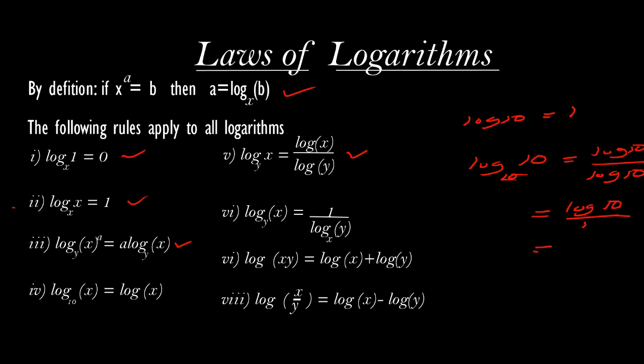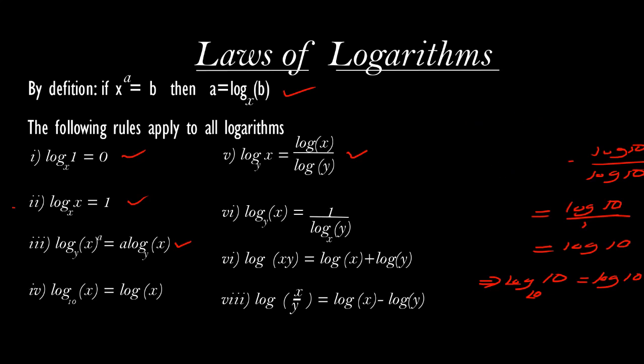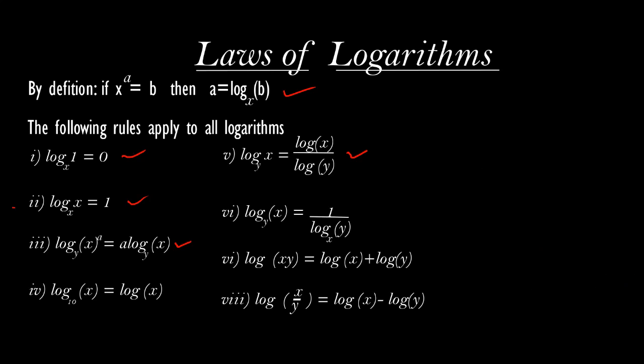So that log 10 in the denominator, if we put it to be 1, we will remain with log 10 over 1, which is just log 10. So log 10 to base 10 is just log 10. So when the base is silent, it is to base 10. So if you are given in Roman number 4 log x to base 10, that is simply log x. Base 10 is always silent, a very important rule.